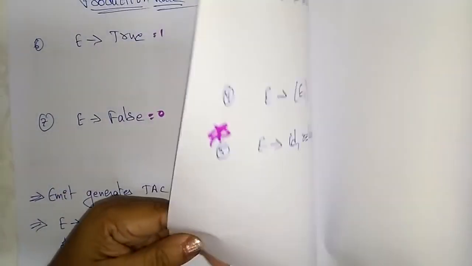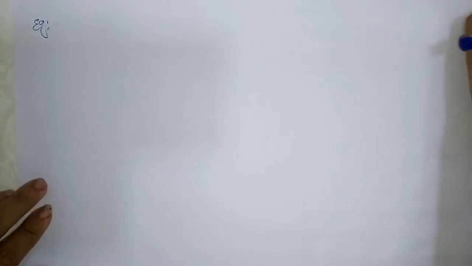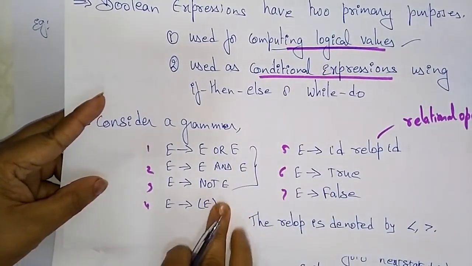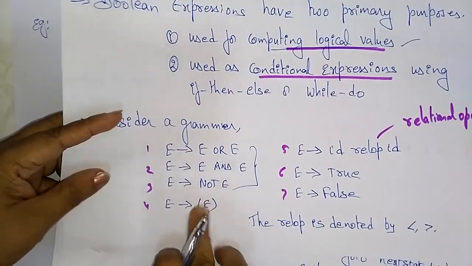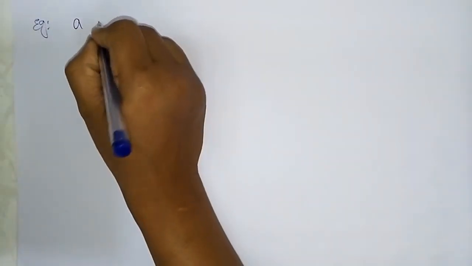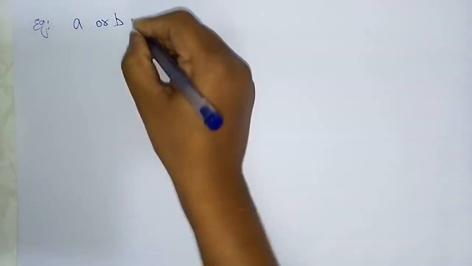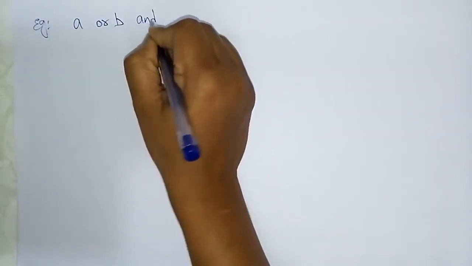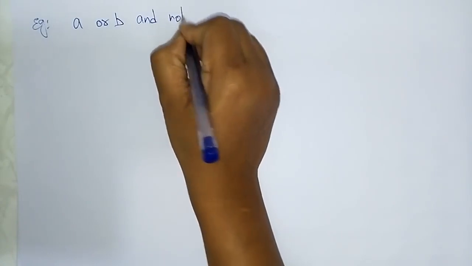So let's take an example, then you'll understand it clearly. First I'm taking an example for these 3 productions: E or E, E and E, not E. The thing here is you need to understand the concept, so that's why I'm splitting the productions and explaining different examples.